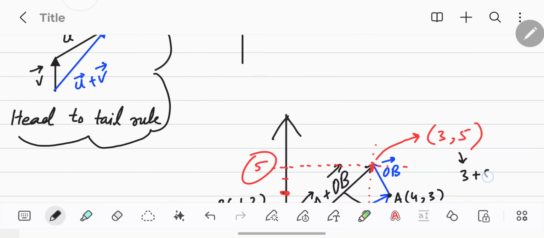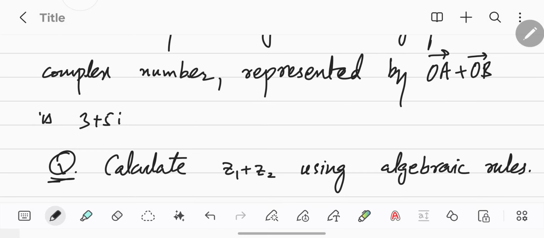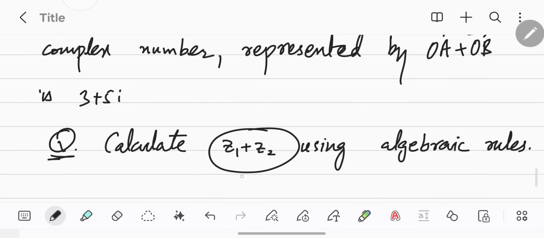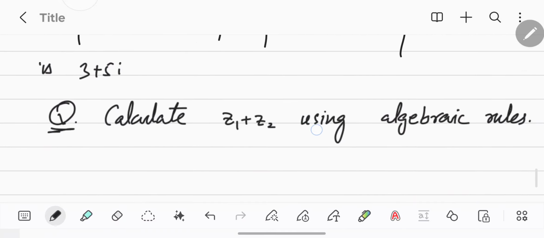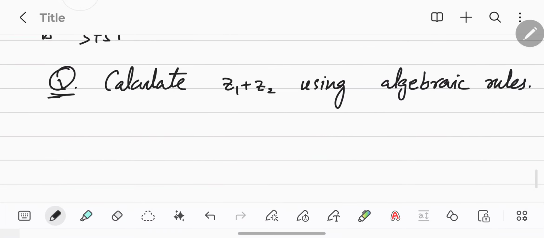So I will write 3 plus 5 iota. Look at the next question. The next question is: calculate Z1 plus Z2 using algebraic rules. Previously we used the graph to add vectors and find the components. Now I will use the algebraic rules to compute Z1 plus Z2, okay?